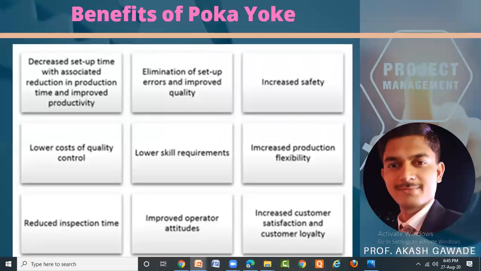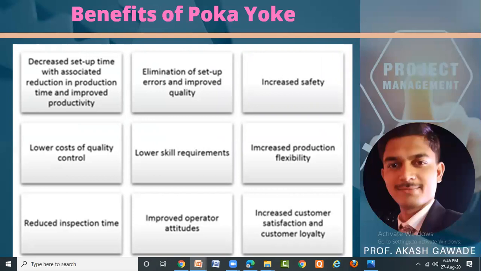Benefits of Poka Yoke. See, there are some types of benefits. The first one is decreased setup time, with an associated reduction in production time and improved productivity.